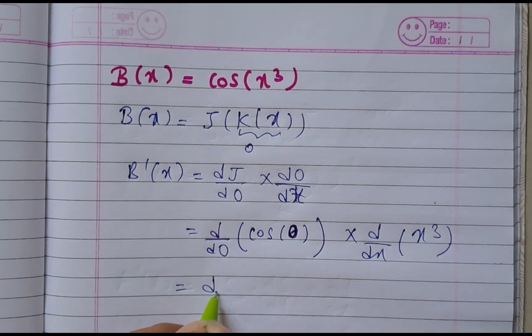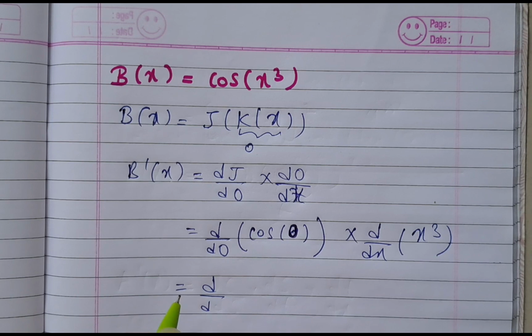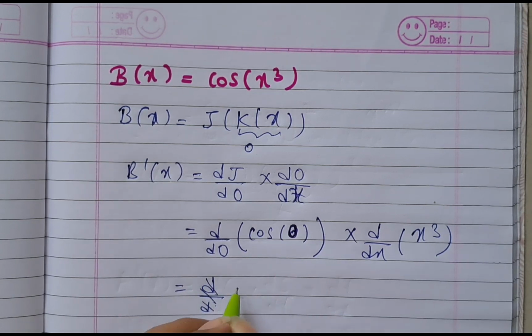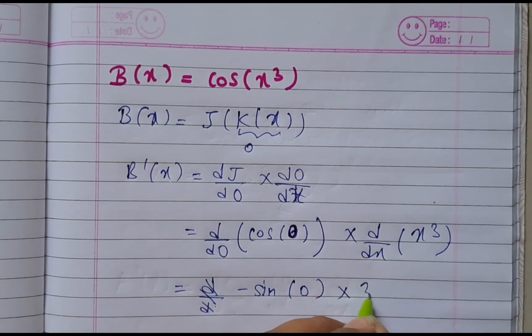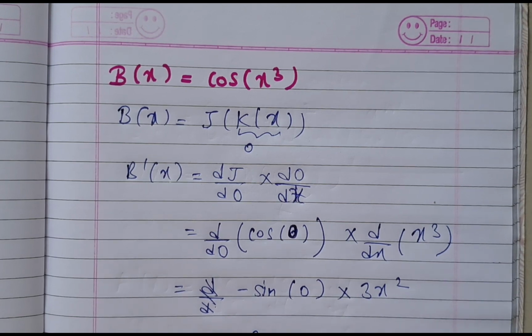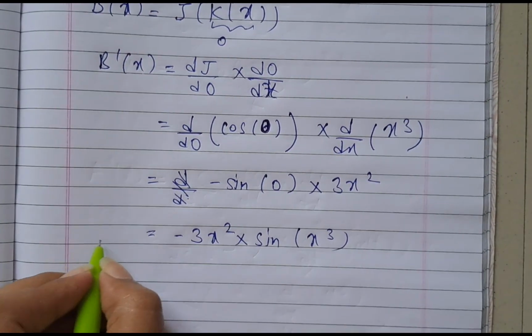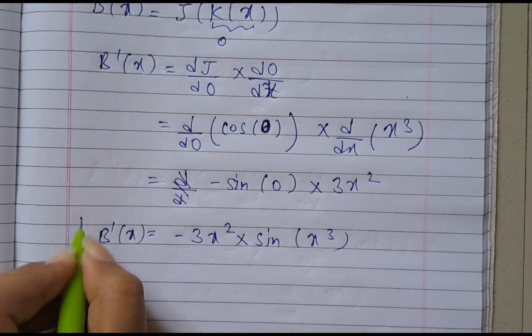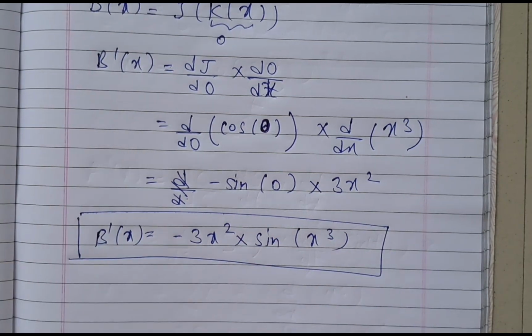So it will be d by dO of cos O, which I can directly write as minus sine of O into d by dx, which is 3x square. So it will be minus 3x square into sine of O. So O is what? x cube. So we have b dash of x equal to minus 3x square into sine x cube.